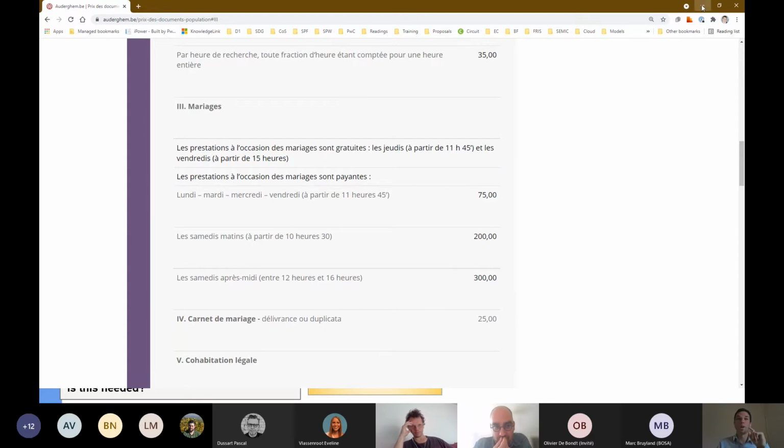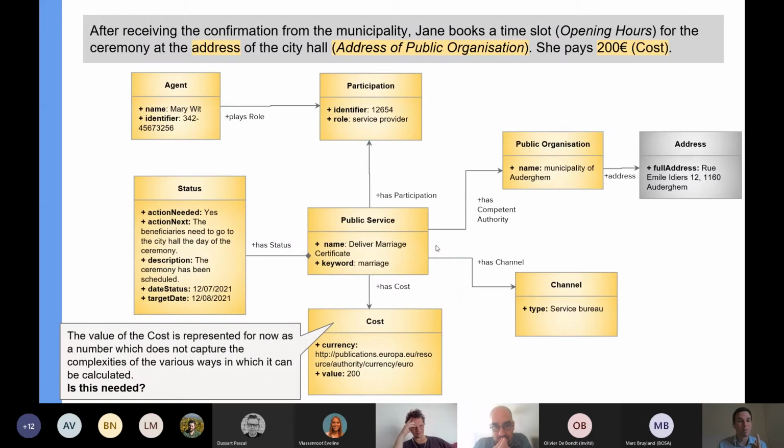And this is just one example for one public service. I can imagine that the cost can become very complex as well. So the factors behind can vary a lot. The question is, will we be able to model at Belgian level something generic enough to capture the different variations of the costs with the right level of flexibility?